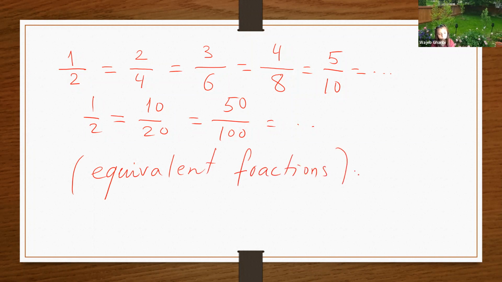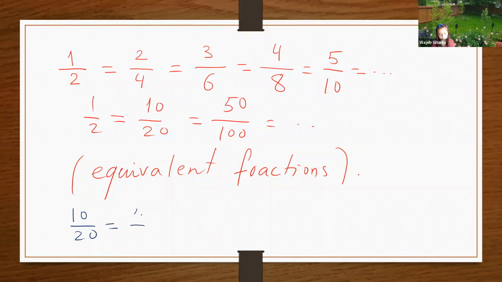Now we have to reduce this. For example, suppose we are given 10 over 20, and we have to reduce it as much as possible. How can we do that? Let us divide it by 2, for example.